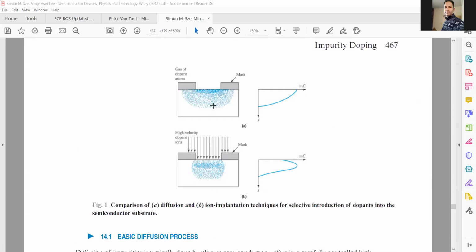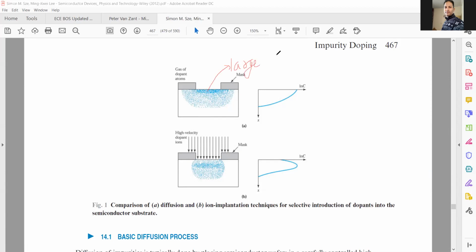Okay, so what happens is that in case of diffusion, at the top of the surface from where you start diffusing, or where your material for diffusion was present, for example phosphorus-silica glass, you will have a large concentration of dopant.